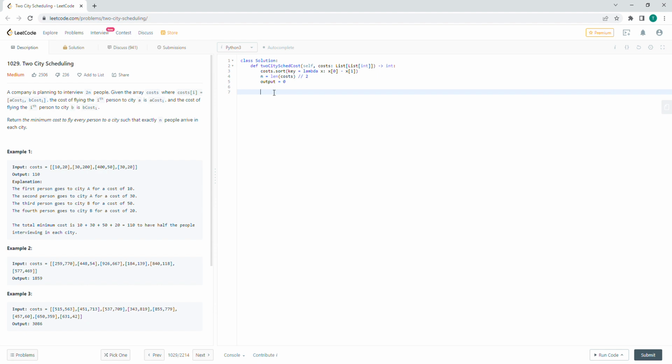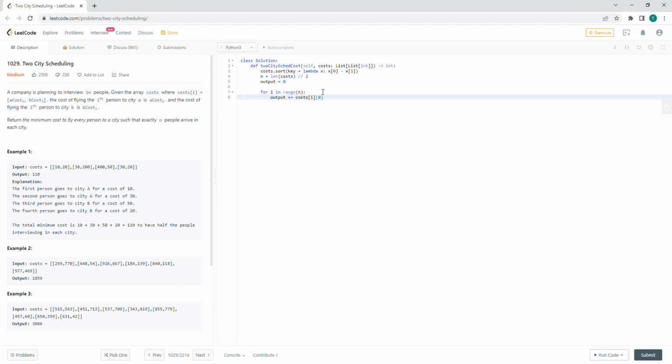Next thing we do is a simple for loop for i in the range of n, because it's halfway, right? It's an integer division. We are going to increment our output by the cost at index i, 0.